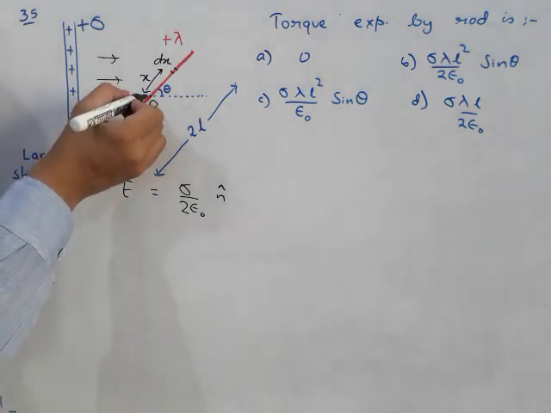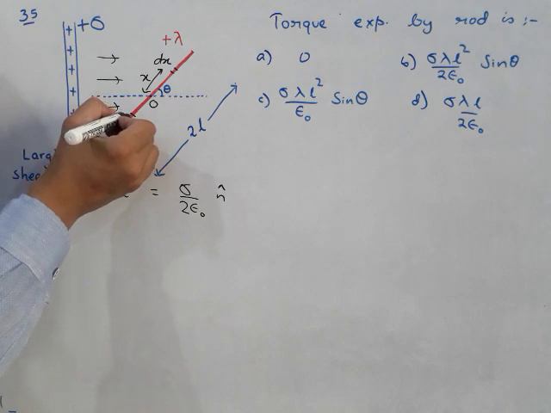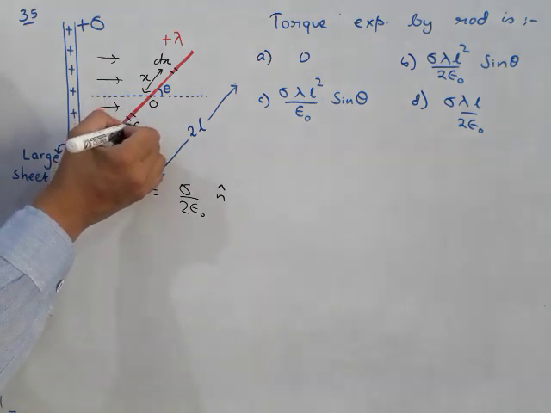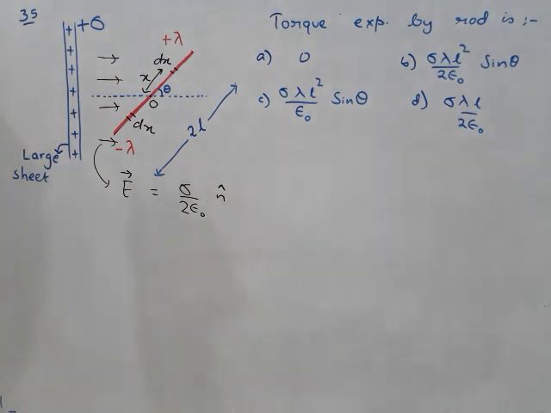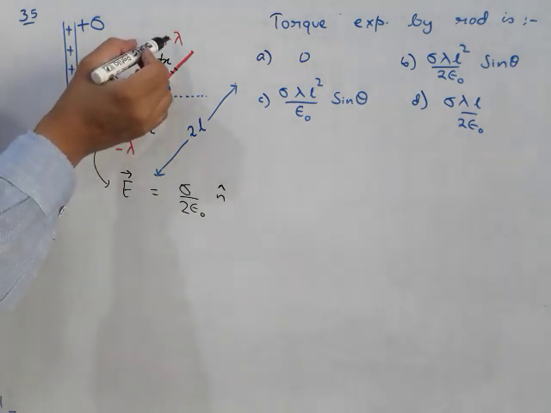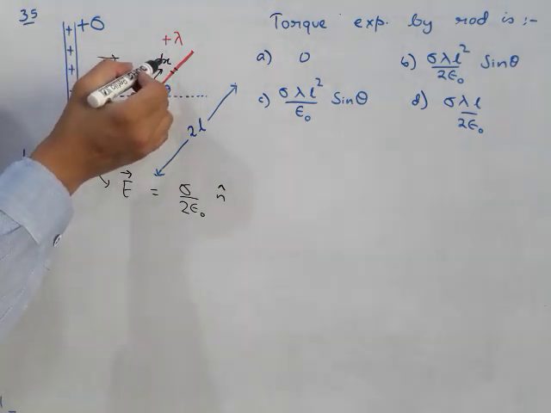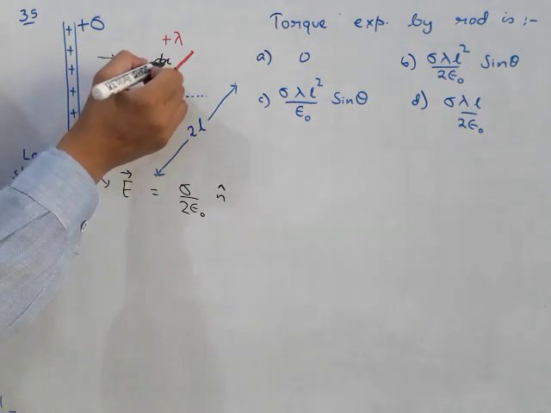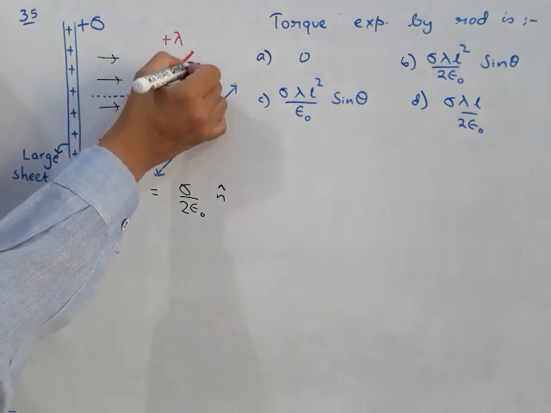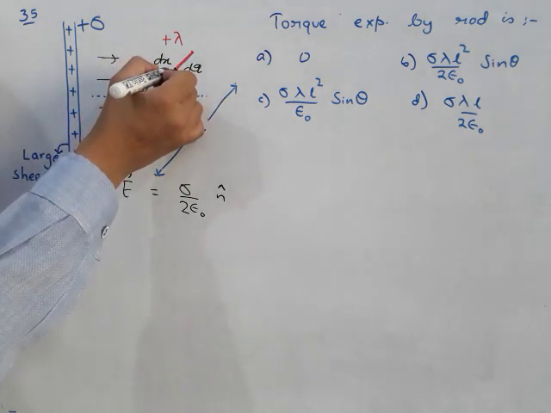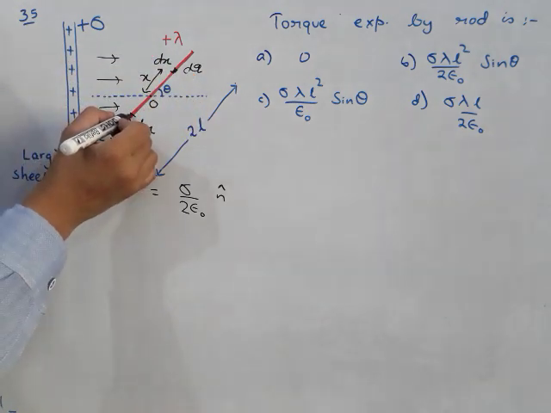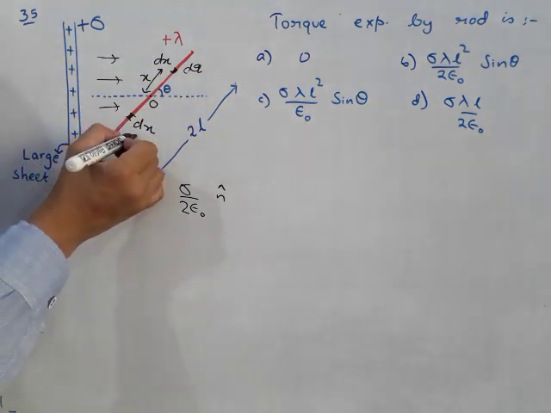Likewise, at the same distance x on the other side, we'll choose an element. Its thickness will also be dx. Now because here it has plus lambda as linear charge density, on this element I'll write the charge as dq, and on the other element the charge will be minus dq.